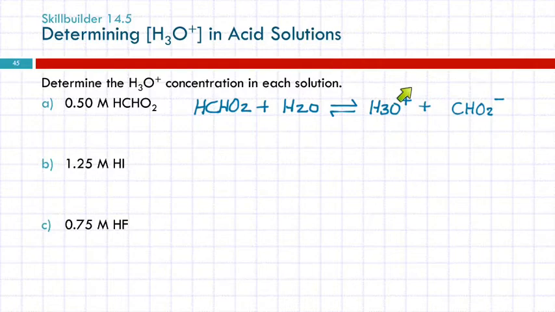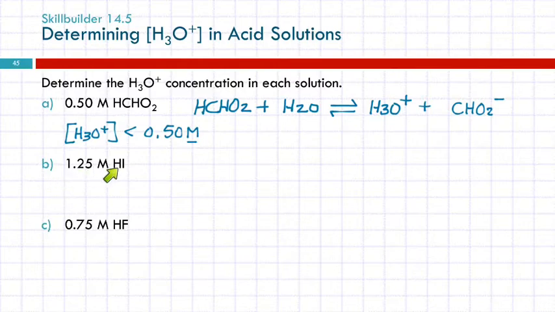So all we can say is the hydronium ion concentration is going to be less than 0.50 because it's a weak acid. Some of it will ionize, but not all of it. Maybe half of it, maybe a fourth of it, but the hydronium ion concentration will be less. You okay with that? I'd prefer to actually just calculate the number, but this is what the book does.